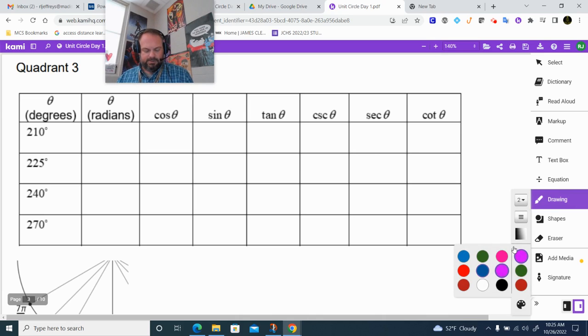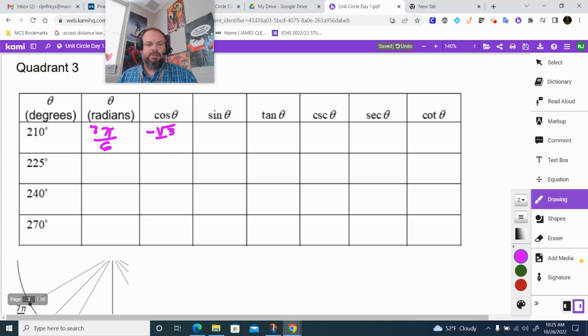So 210. This is 7 pi over 6, negative root 3 over 2, negative 1/2. Now, both of your x and your y values are going to be negative because guess what? They're in the third quadrant. Both x and y are negative.